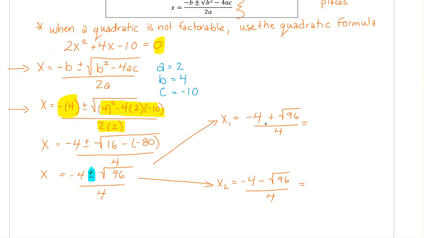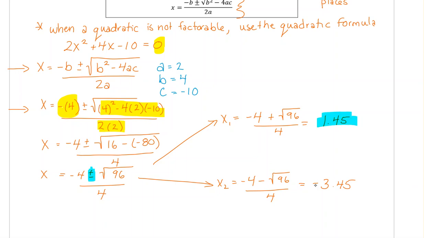Negative 4 on your calculator plus the square root of 96, divided by 4, should give you 1.45 if you round to 2 decimal places. Negative 4 subtract the square root of 96, divided by 4, is negative 3.45. I told you that the graph we started with is in fact correct, and it goes with this equation.